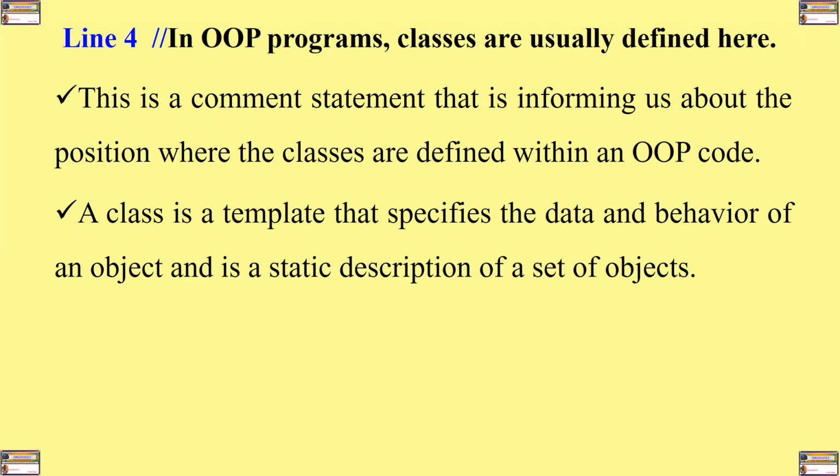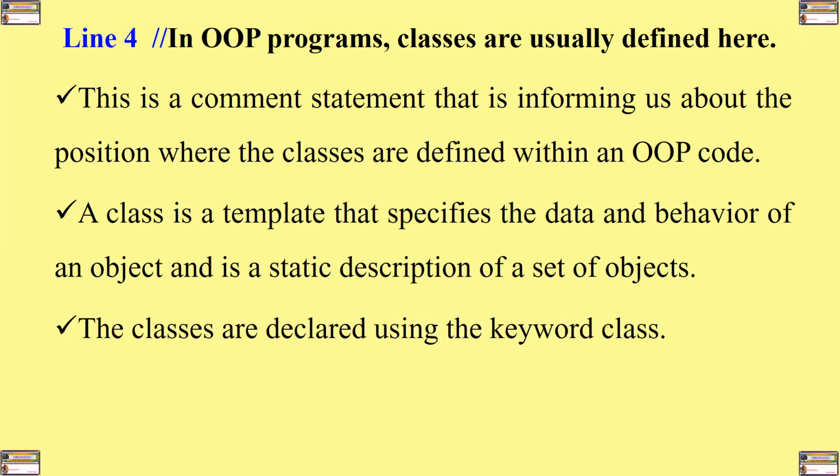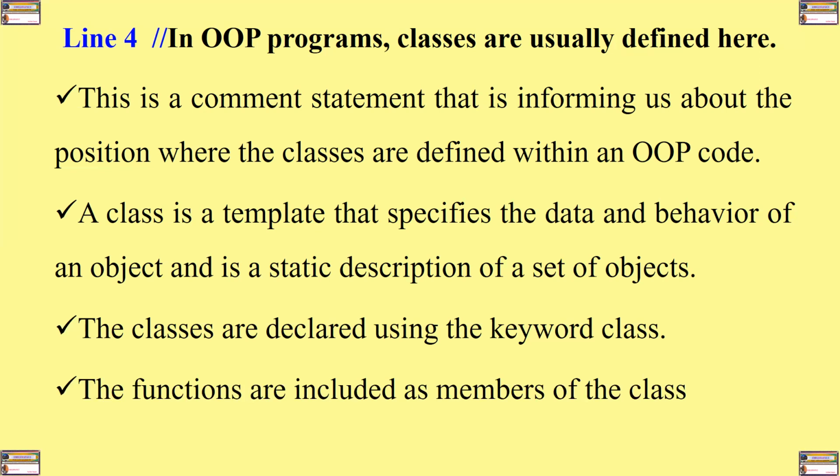So if you want to know more about classes, kindly go through the previous tutorials in this series in object-oriented programming because I have explained classes in depth. The classes are declared using the keyword class. The functions are included as members of the class.